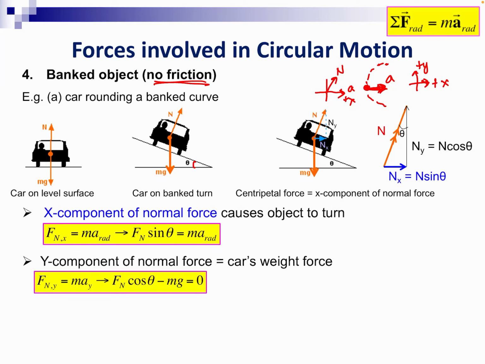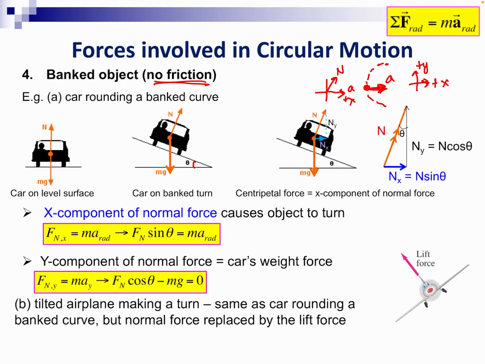And for the y component, you don't have motion along this direction. You want your car to just round the bend, having this centripetal acceleration along the x-axis, so the acceleration along the y-axis should be 0, and so the y component of the normal force should balance out the weight force of the car.